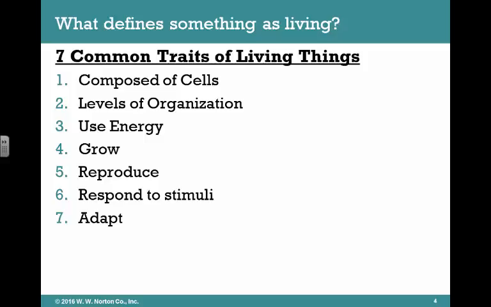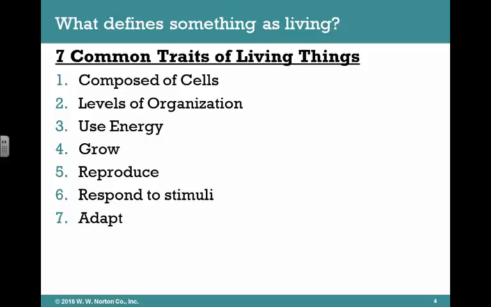And key molecules within these organisms enable them to respond to stimuli, so they're key communication pathways that allow for the response to stimuli, as well as through reproduction or other means, living things can adapt to their environment.